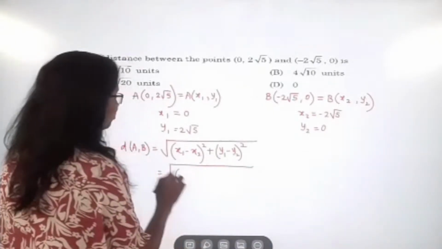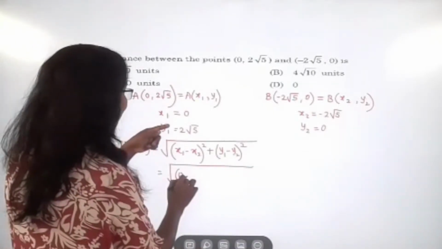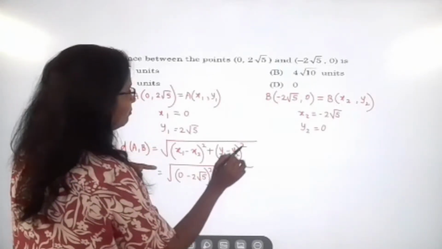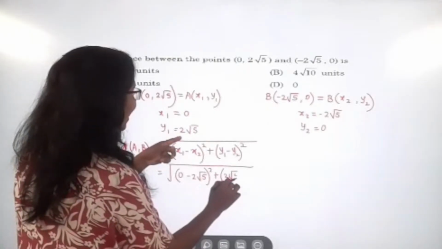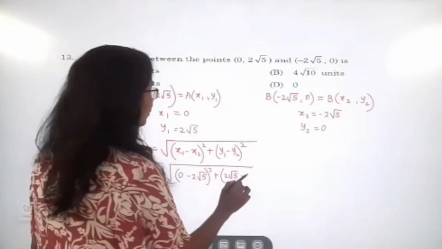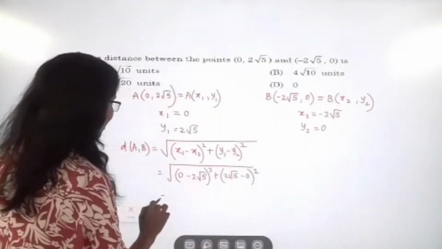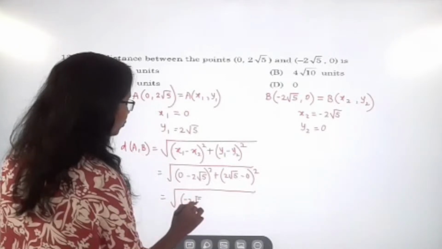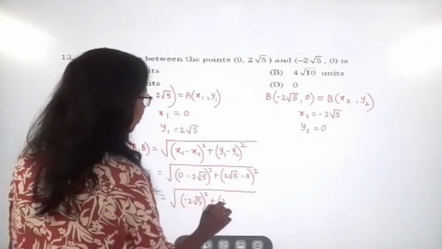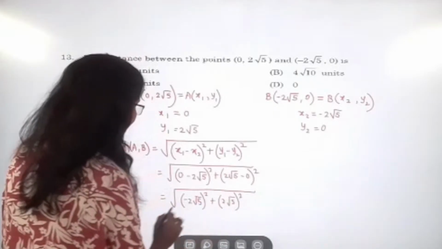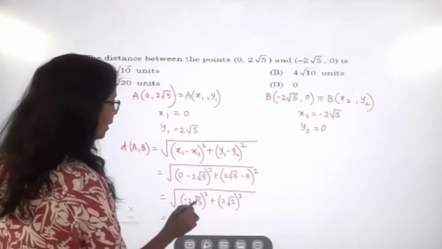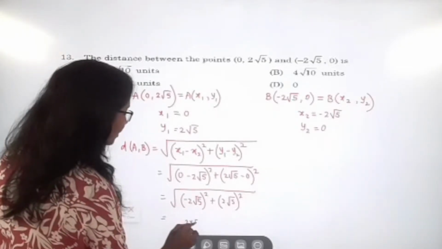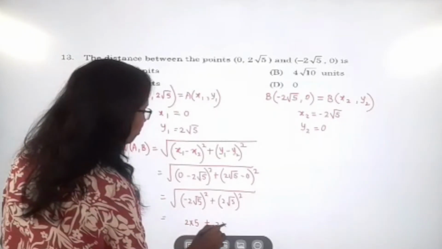So now, putting the values: x1 is 0 minus x2, that means (2√5) squared, plus y1, that is 2√5 minus y2, which is 0, squared. So now in the square root, the subtraction is (minus 2√5) squared plus (2√5) squared.